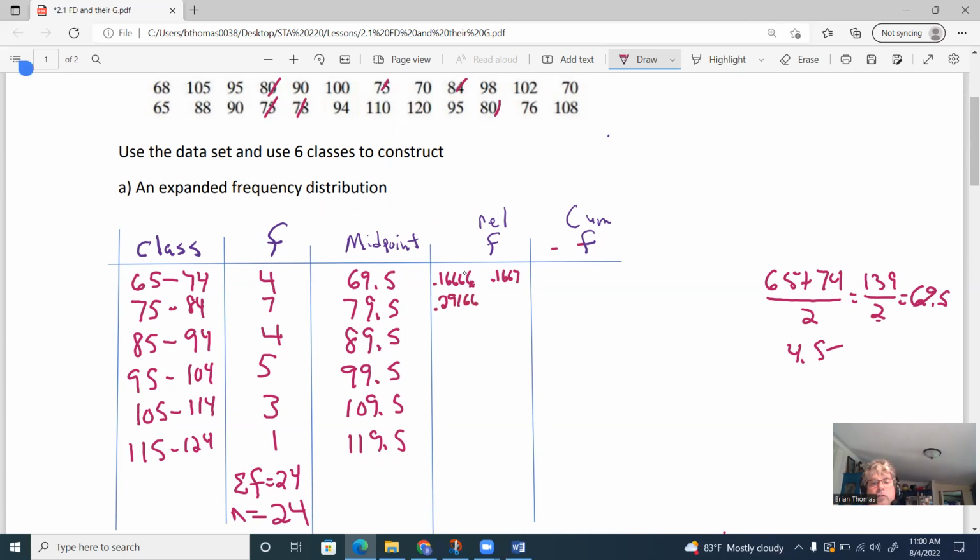If I want to round that to 4 decimal places, that 5th number tells me to round up the 4th number to a 7. So it's going to be 0.2917. So that's going to be my relative frequency. And again, if I move my decimal 2 places to the right, that would be 29.17%. So I'm going to pause the video and complete the rest of the table, and then you can compare your answers to mine.